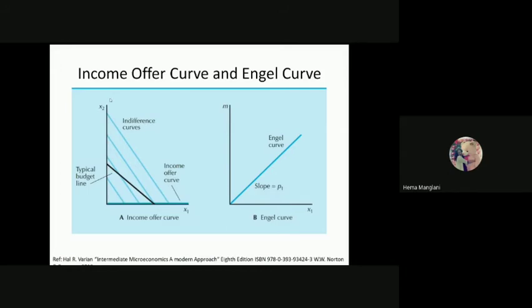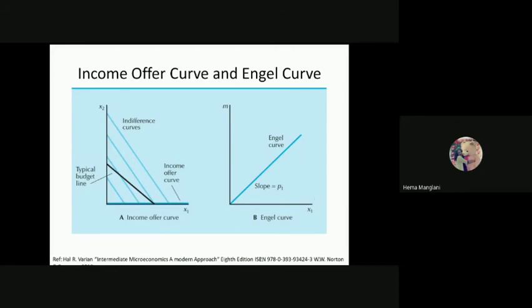But when it comes to the Engel curve, okay, for X1, then it is upward sloping. Or if you're choosing this X2 and it is concise to the vertical axis, then that is also upward sloping. Okay, so the income offer curve's definition would remain the same, and the Engel curve's definition would remain the same: whenever your money income changes, that is, when your income increases, the consumption of your chosen commodity increases.